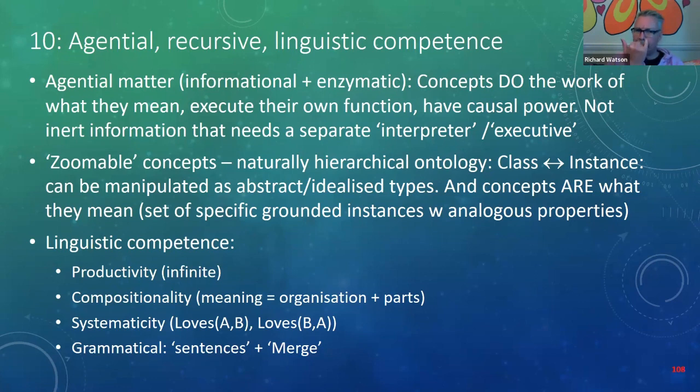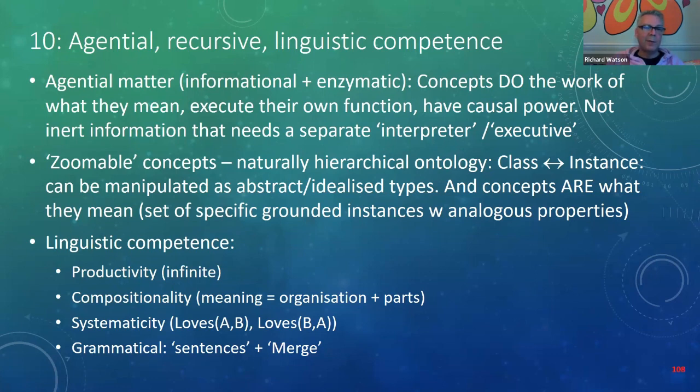Concepts should be zoomable, a sort of natural hierarchical ontology, the class-instance relationship, that we can manipulate them as abstract idealized types, or we can manipulate them as particular instances that are grounded in the specifics. Well, these are like a language that does stuff, right?